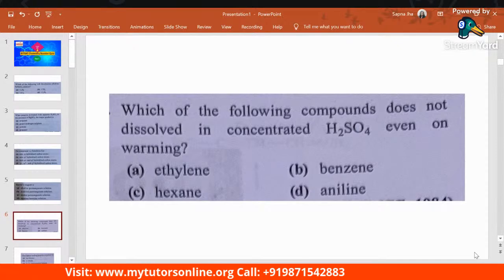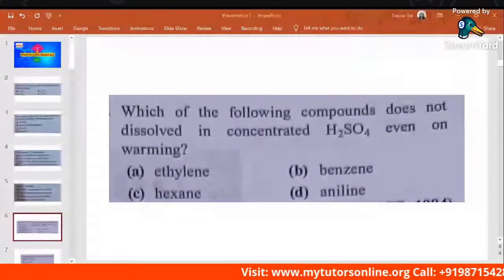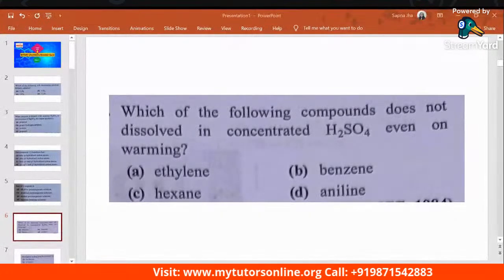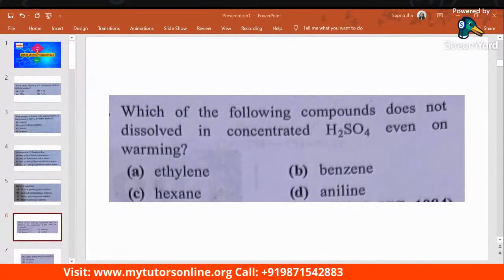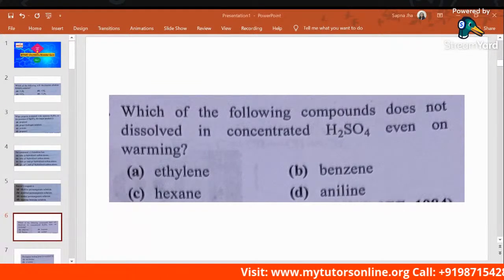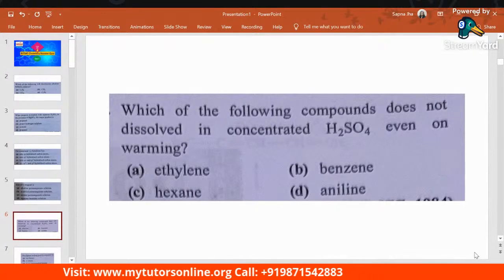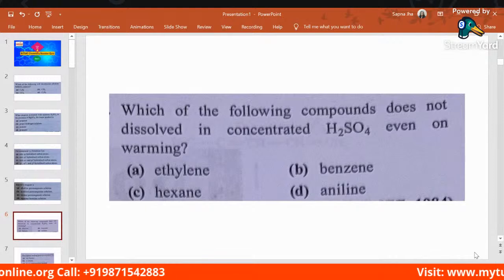Right? So I must tell you that now Vachna is correct. Others have given the option A, that is not okay because saturated compounds do not react with sulfuric acid even on warming. Okay, so the answer is C and it is hexane.